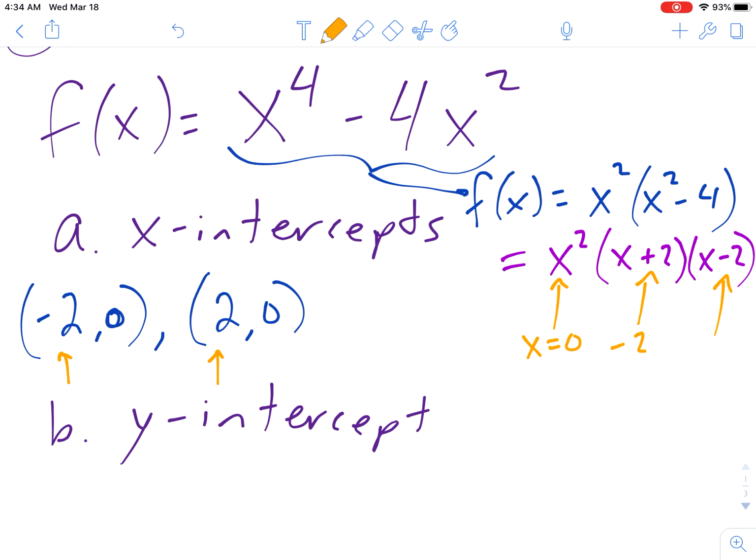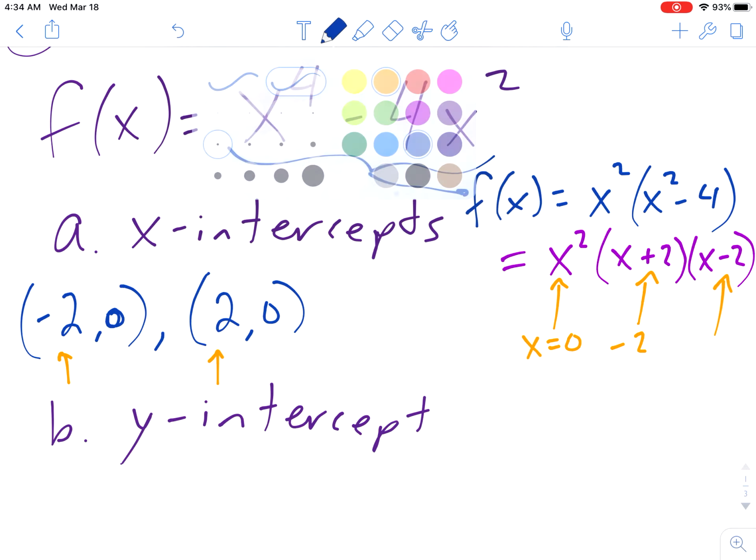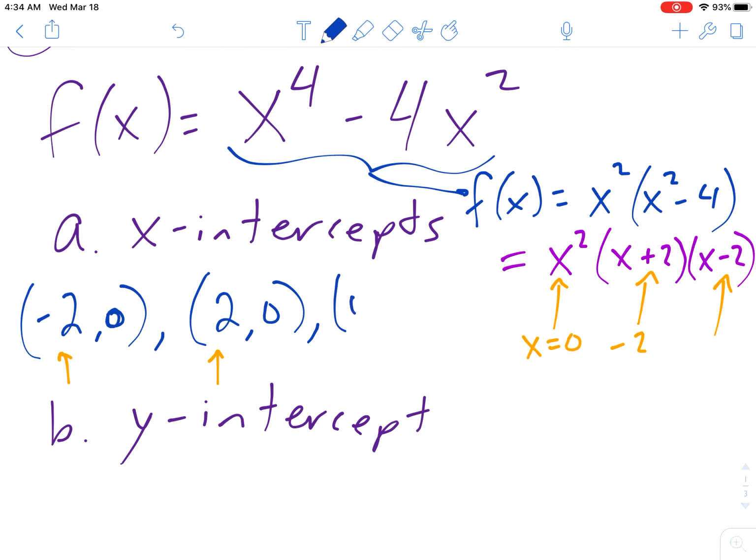So the third answer, which we kind of knew off the calculator, is the origin, is a 0. But again, you can confirm these things without a calculator by just doing the algebra. So the calculator does have some limitations sometimes.